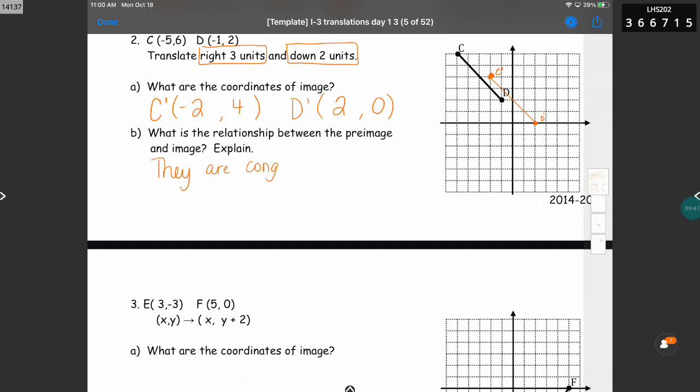Explain why. Same shape and size. Isn't congruent like exactly the same? Like the same shape, same size, if you just put they're congruent?